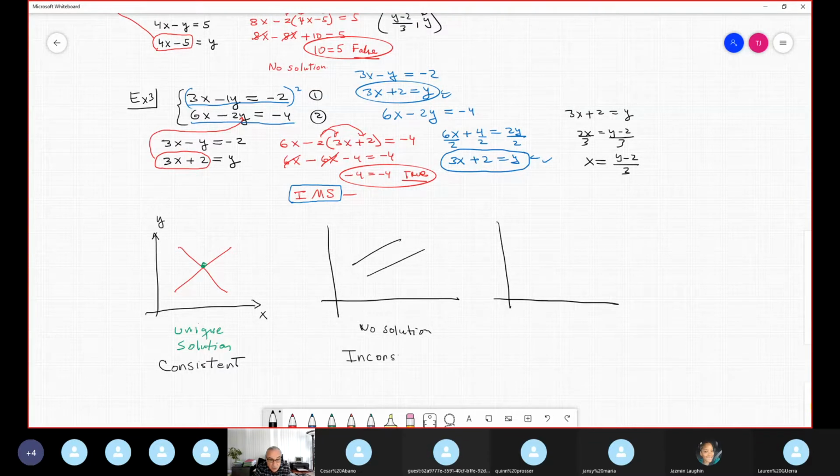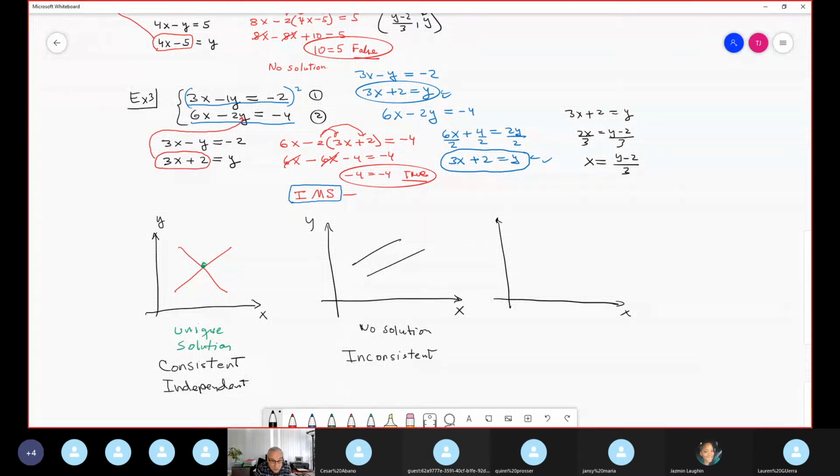Inconsistent means we have no solution. Another word associated with the system is dependent or independent. This one is totally independent. Why is it independent? Because we have 2 different graphs for the lines. 2 equations represent 2 different graphs.